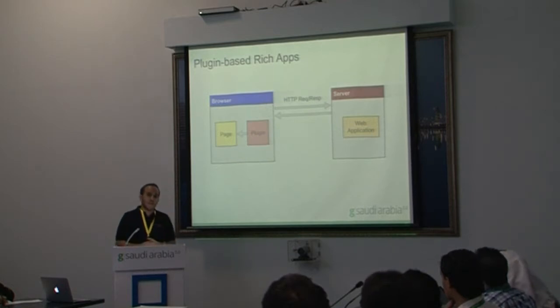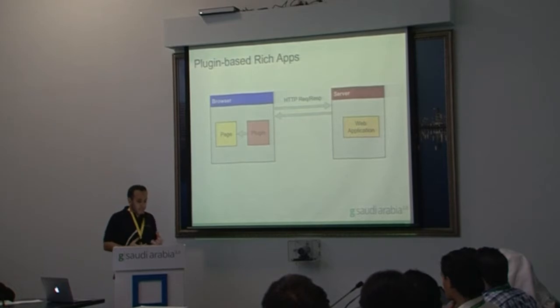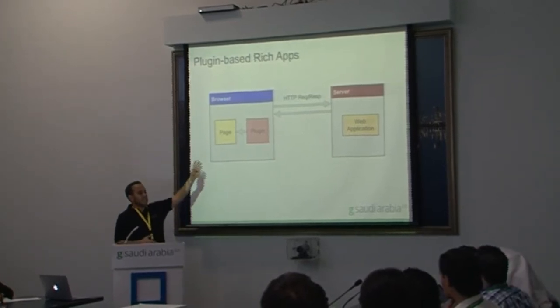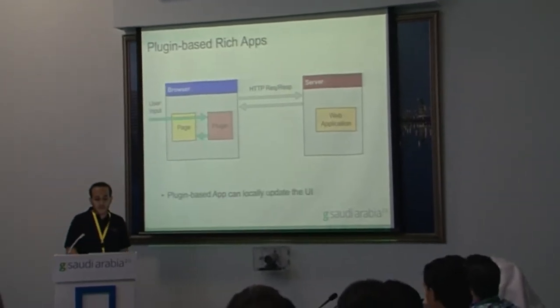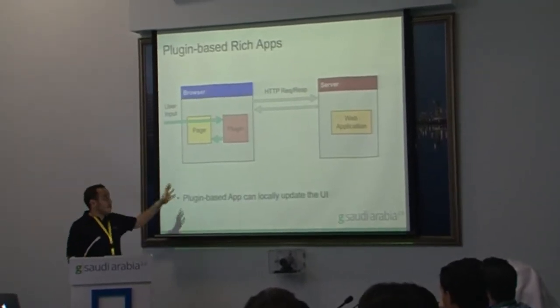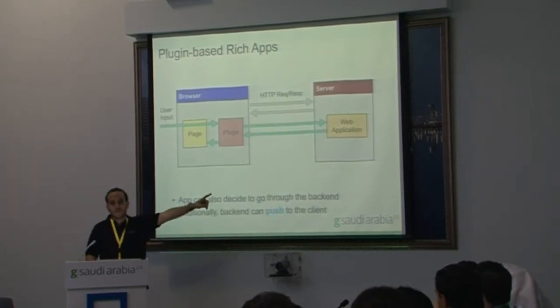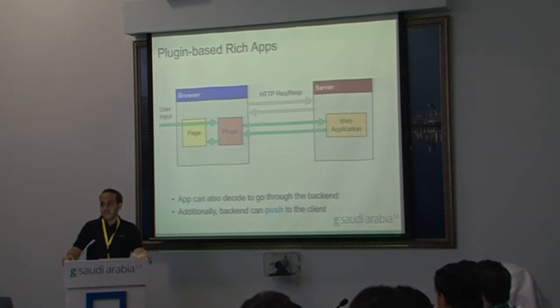Then Flash came along, and other plugins, and we have this paradigm where the plugin lives on the client side, the page is here as well, and then there are requests and responses that go back to the server. The user interacts with the plugin, and then the plugin can also interact with the server. Can someone tell me what some of the drawbacks are with this? What's not optimal here? Not all the users have this plugin. Exactly.